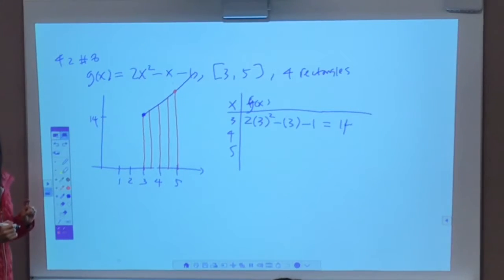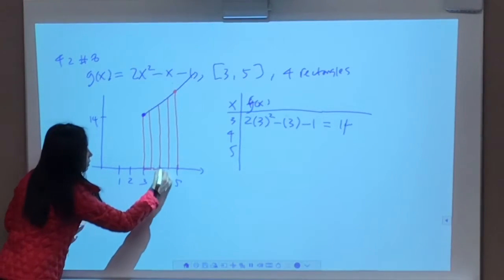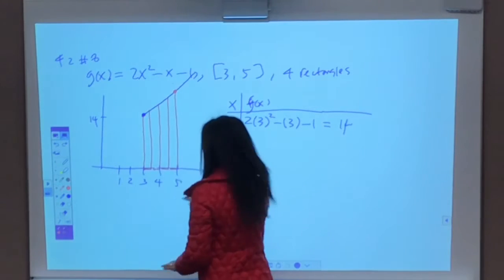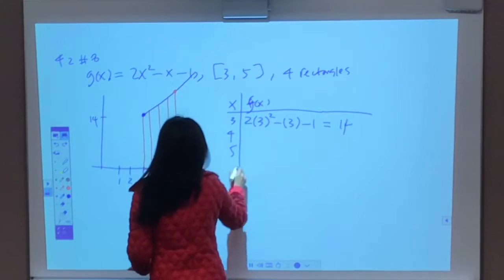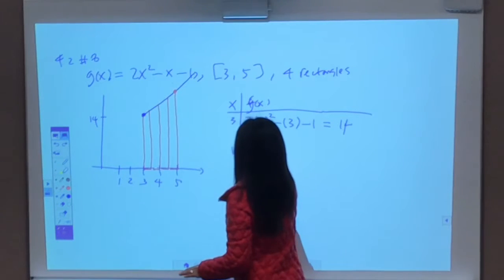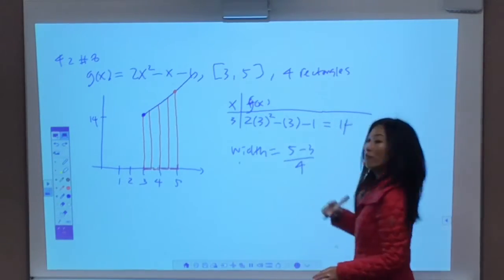Is everybody with me? So what's my width, each one of them right here? Half, right? My width is 5 minus 3 divided by what? 4.